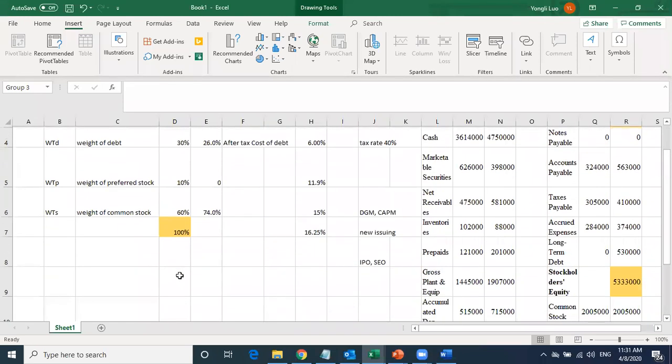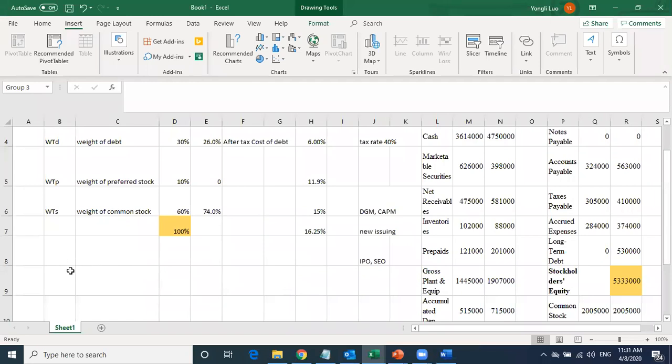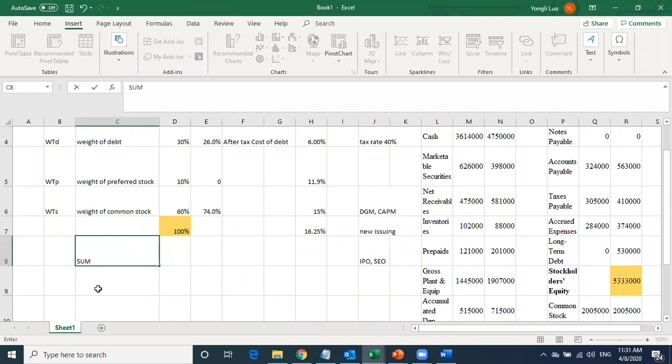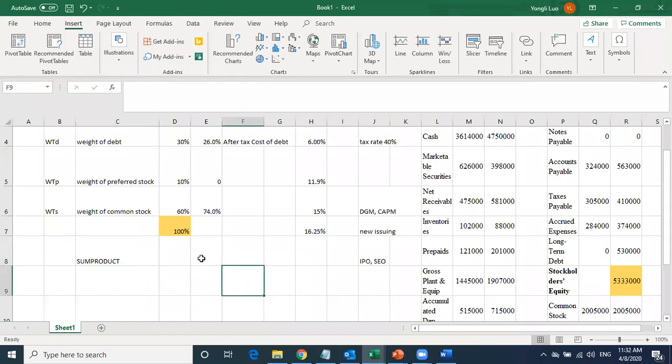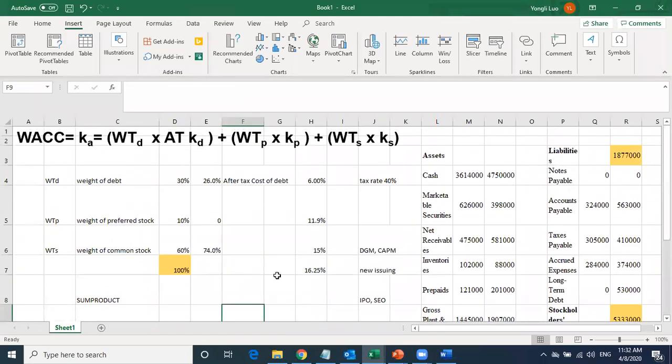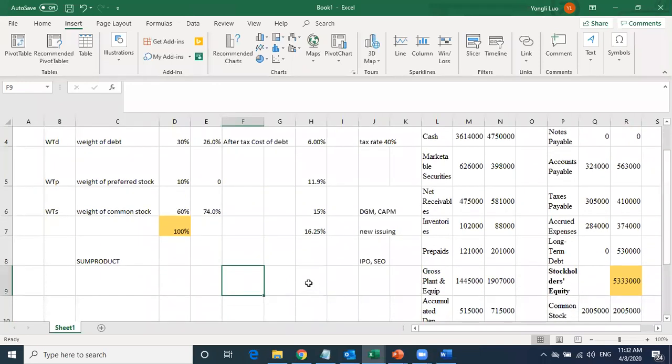We are going to use the function called SUMPRODUCT.